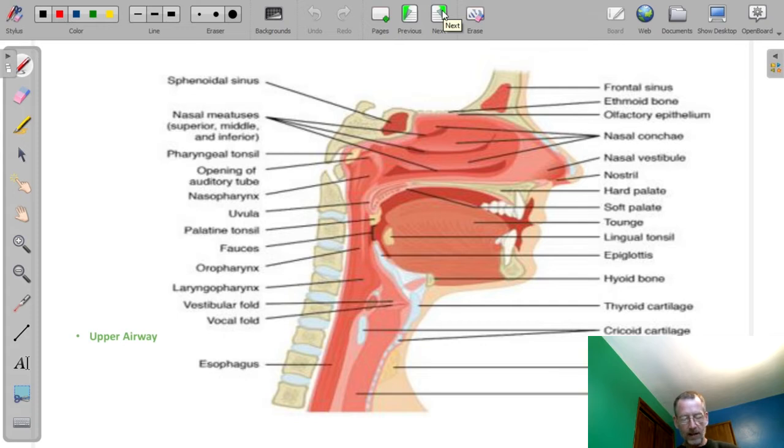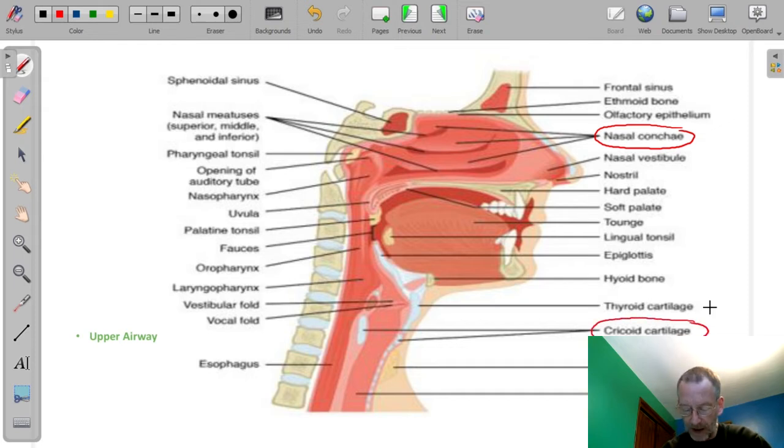In this picture, it's a little bit fuzzy. I believe this is also out of your textbook, but a couple of things to point out are the nasal conchae, from A and P. You've got an inferior, middle, and superior. Another thing you might note on this slide is the cricoid cartilage.